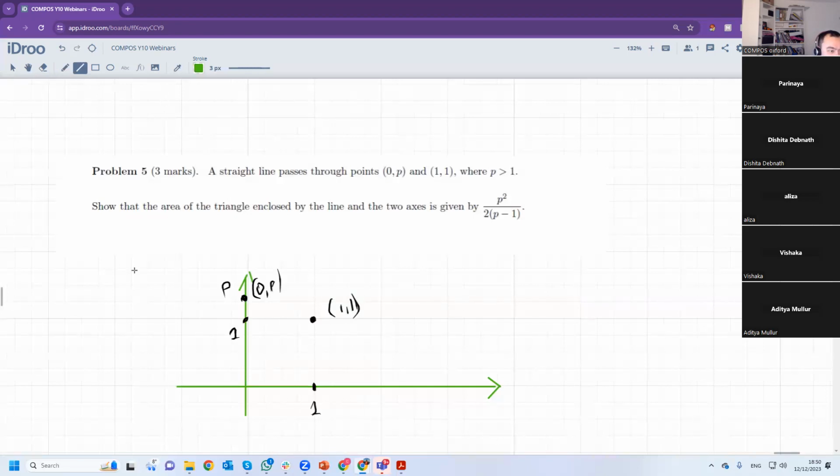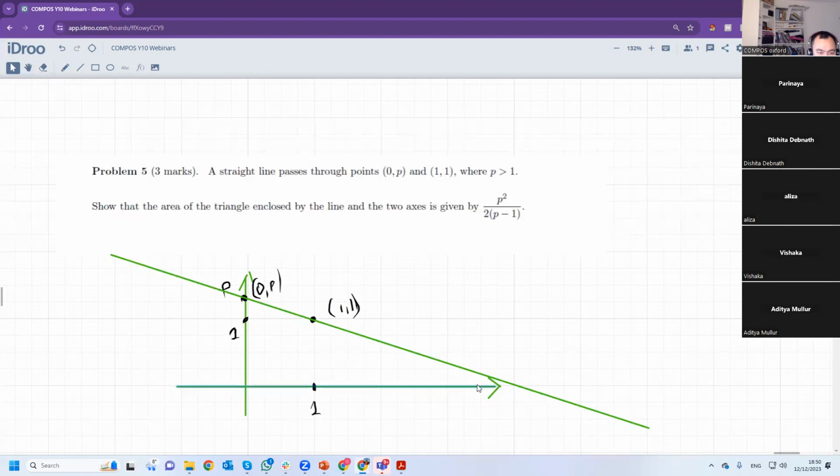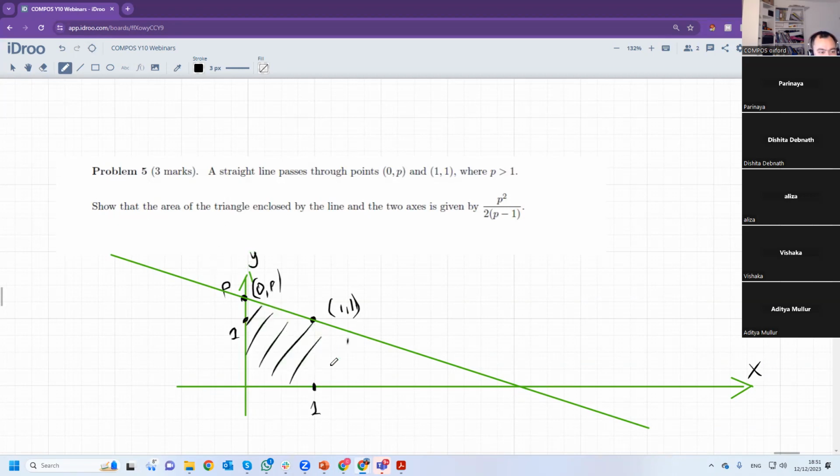So you draw the line like this. X, and this is Y. Show that the area of the triangle. So the triangle is this thing. Okay.